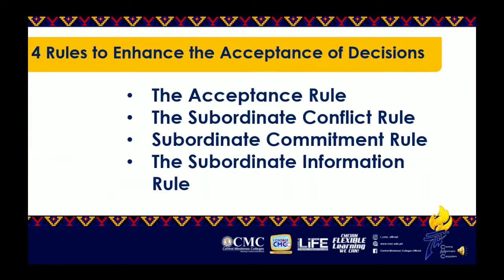Next are the 4 rules to enhance the acceptance of decisions. So we have 4 rules again. The acceptance rule, the subordinate conflict rule, third, the subordinate commitment rule, and the 4th one is the subordinate information rule.